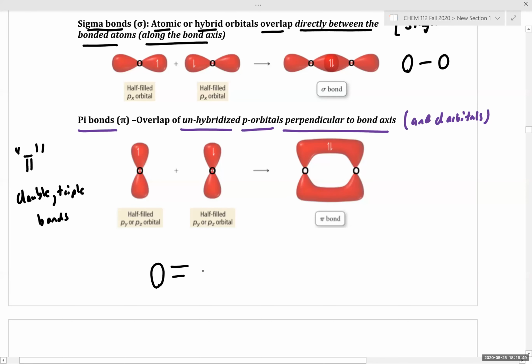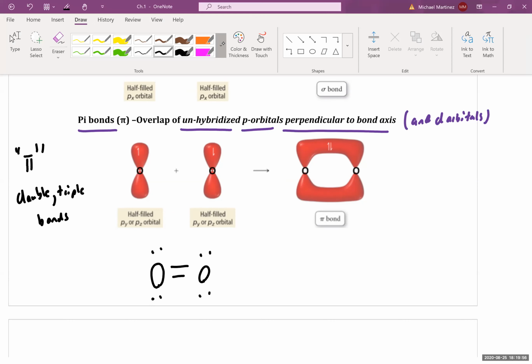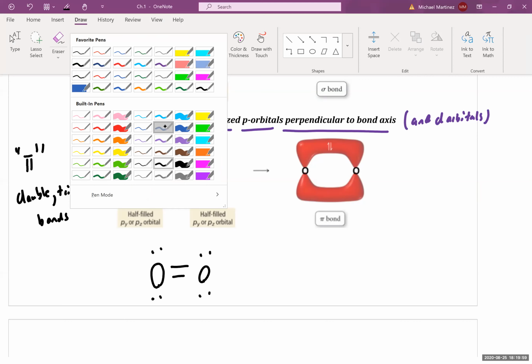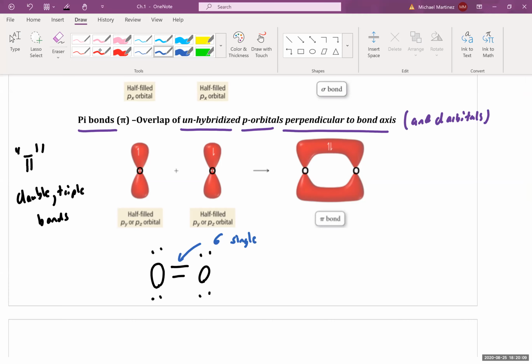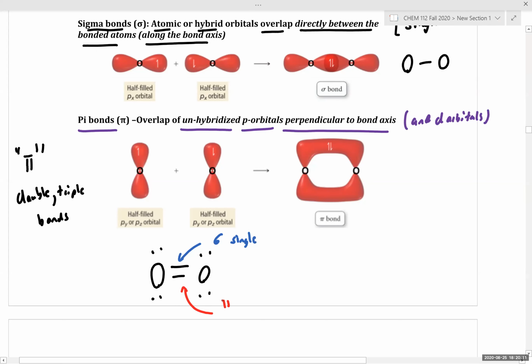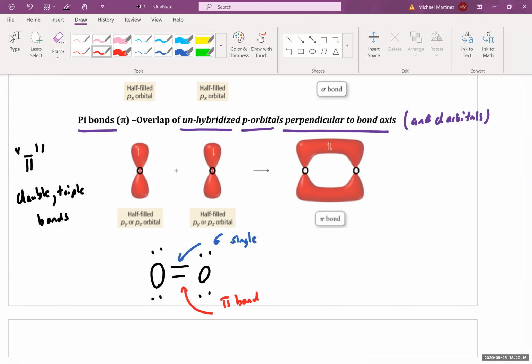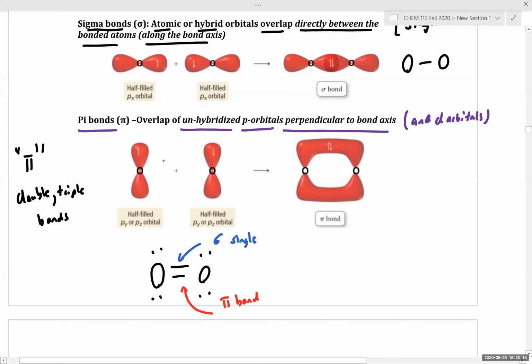So for example, an oxygen-oxygen bonding arrangement consists of a single bond, so our single bond would be our sigma bond. And then our double bond would be our pi bond. So bonding patterns will utilize sigma and pi bonding overlap patterns.